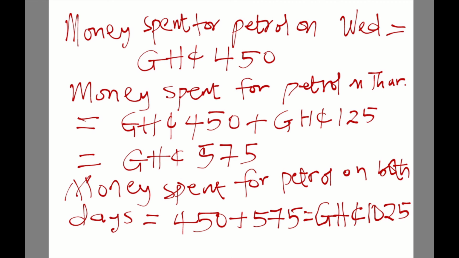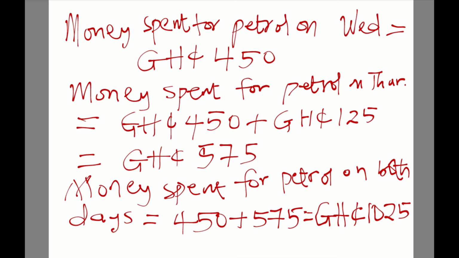So the money spent for petrol on both days, we are adding 450 Ghana cedis to 575 Ghana cedis. Adding these two numbers, we are getting 1025 Ghana cedis. So this is the amount he spent for petrol on both days.